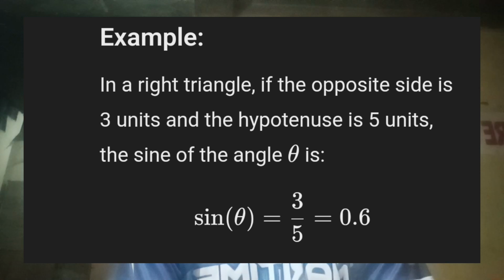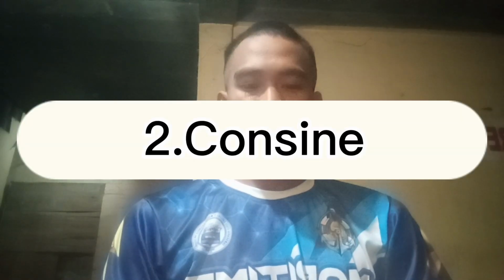This function is essential in various applications such as solving triangles, modeling periodic phenomena, coordinate geometry, physics, and engineering. The sine function is one of the core trigonometric functions, along with cosine, tangent, and others.